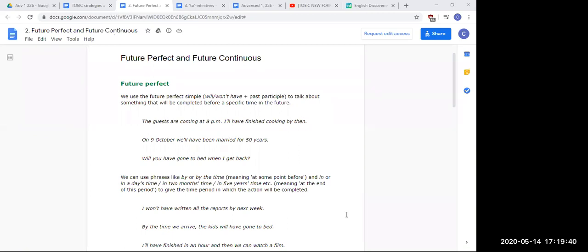It's not future perfect. So we need will plus have plus the past participle. Okay, Catherine, that's good. "I will have finished my English homework." Good.